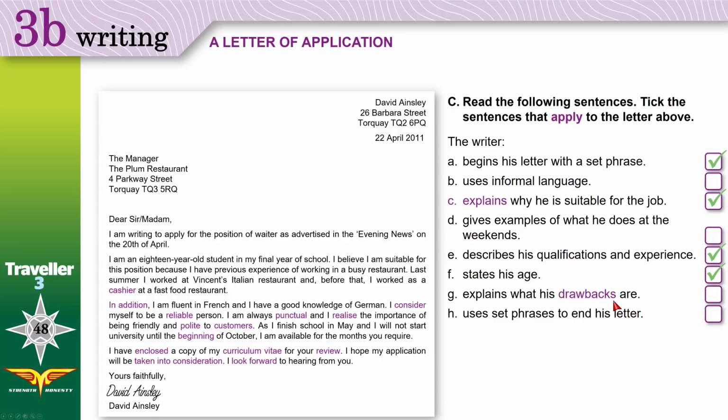Drawbacks, shortcomings, why he is not good for the job. No, you will find no drawbacks here. He uses set phrases to end his letter. Yes, "I hope my application will be taken into consideration." This is a set phrase that you can use with any letter of application you write.